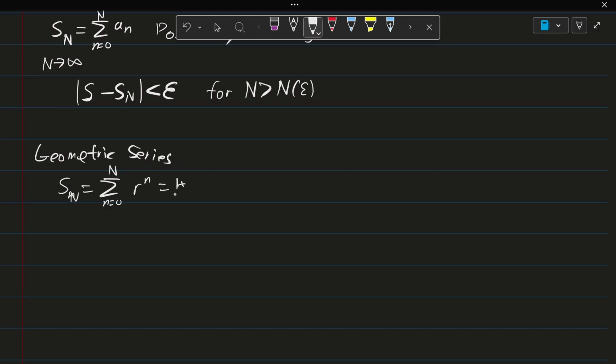So this is 1 plus r plus r squared, and so on, until r to the power of n. Now the question is, what's the sum of this series? Well, if r is greater than 1, what we know is that it's going to diverge, and r equals 1 will also diverge. So we'll just consider when r is less than 1, which is greater than 0 anyway.